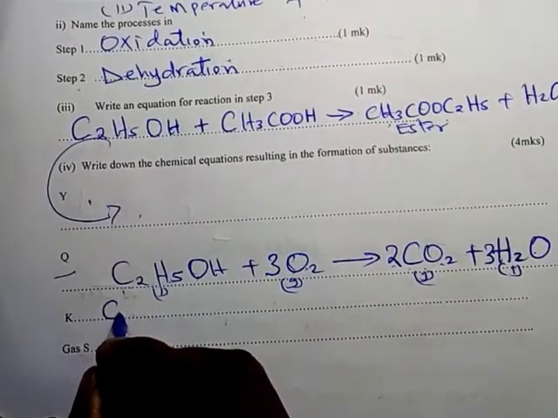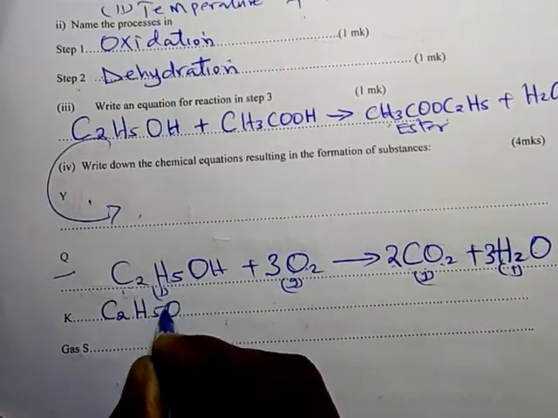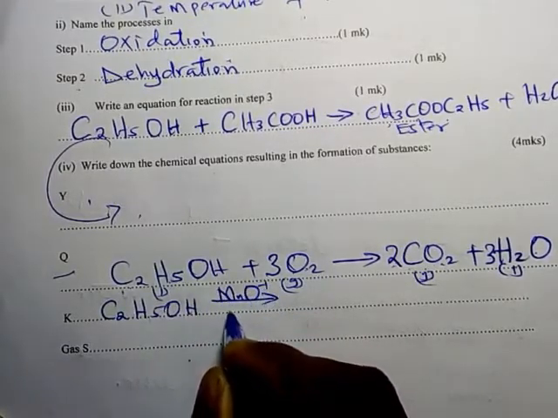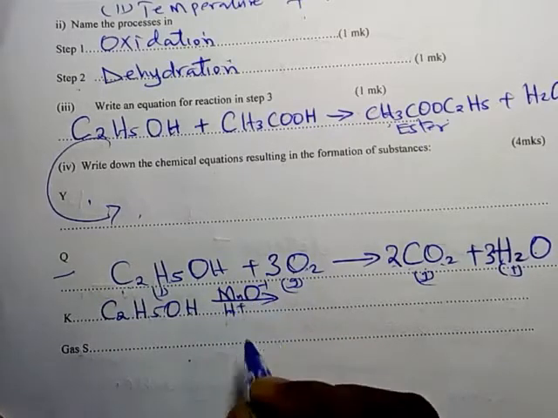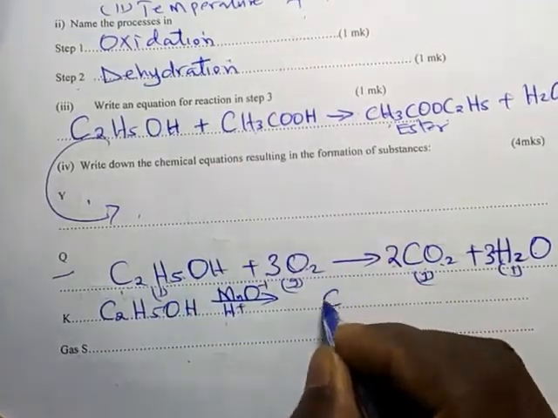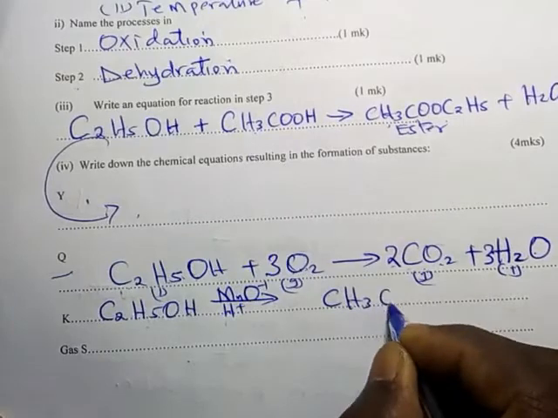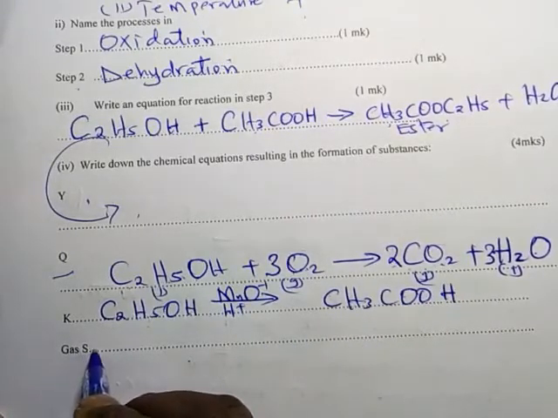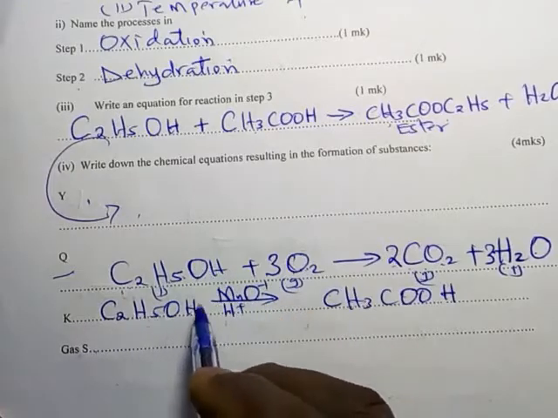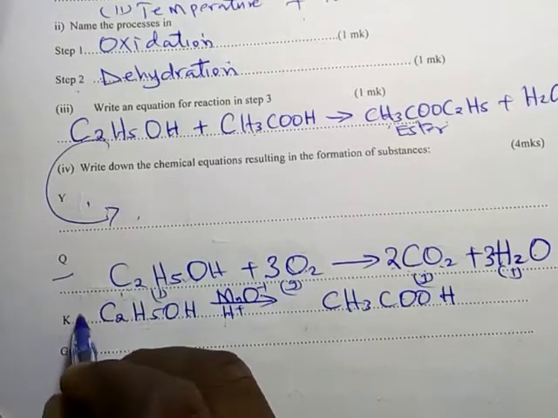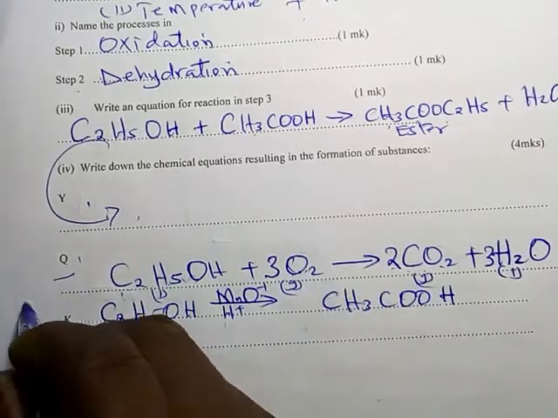Ethanol, C2H5OH, in the presence of acidified oxidizing agent, forms ethanoic acid, CH3COOH. Oxidation. Formation of gas S is combustion. It is the same gas: S and Q are formed at the same time, so this one is actually this.